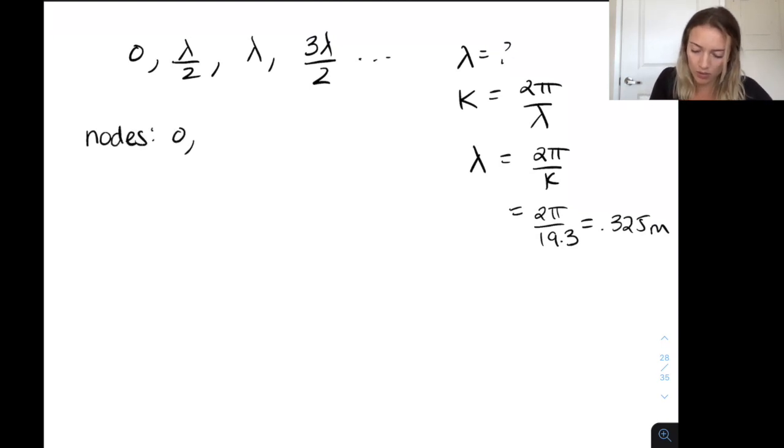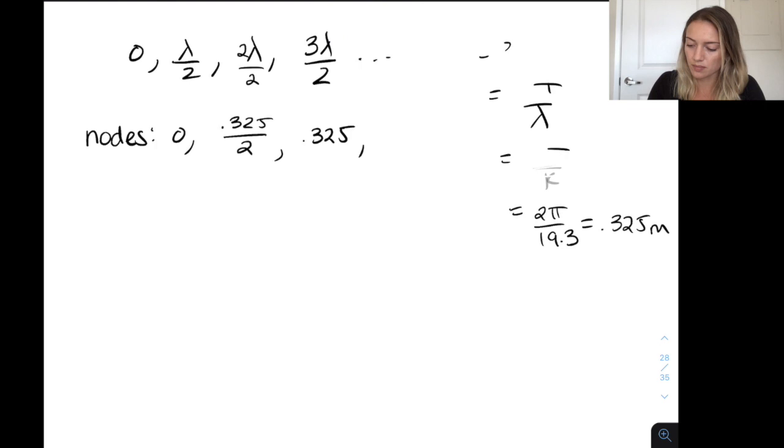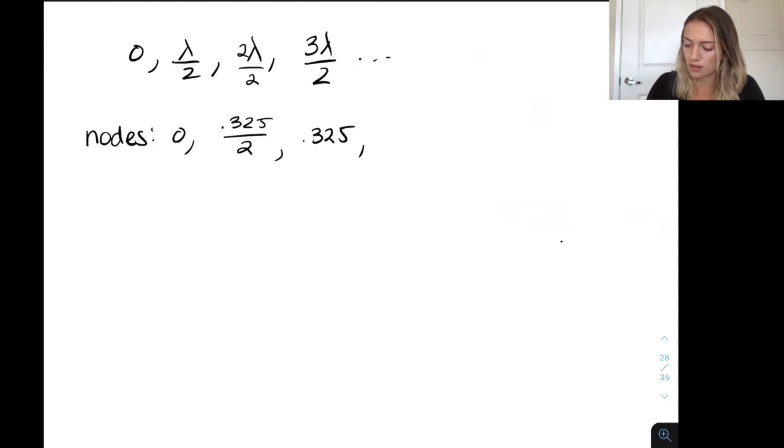So our nodes, we have one at 0, then one at 0.325 divided by 2, then one at the wavelength, because 2 lambda over 2 just gives us the wavelength, so it's 0.325, and then we'll have 0.325 times 3 over 2.